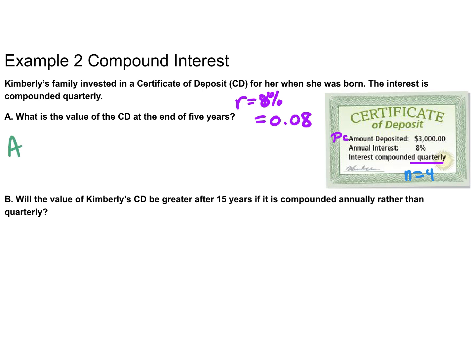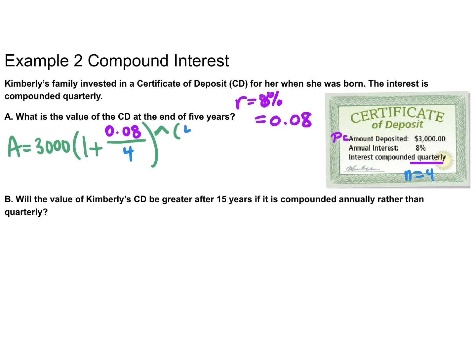So we've got A is equal to the principal amount, 3,000, times 1 plus our rate, which is 0.08, divided by our n value, which is 4, times, and you may have to type this in as a little caret, that's raising it to a power, parentheses, your n value times t.